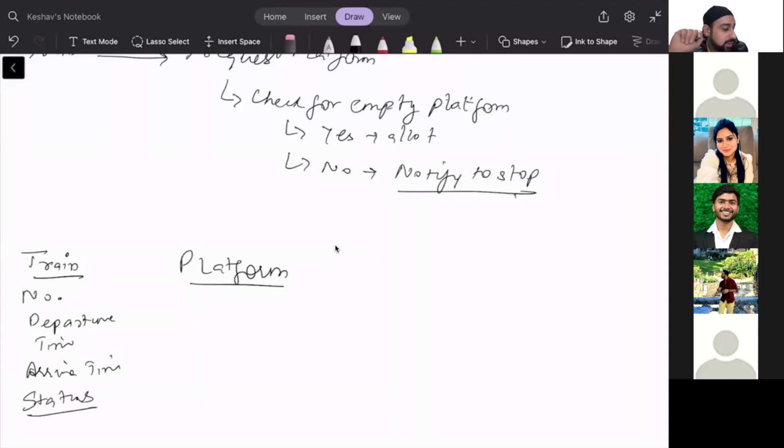We should keep its status, whether it's a passenger train or a super fast train or something of that sort. That gives you a property for the priority to be set. Let's say if there is a passenger train versus a goods train, you would always give priority to the passenger train.